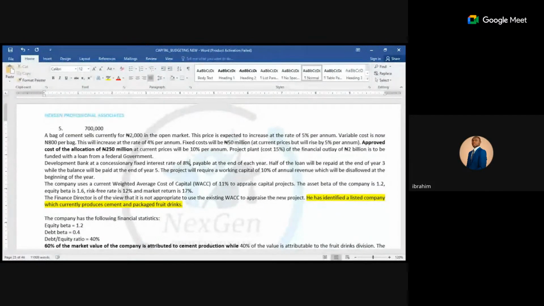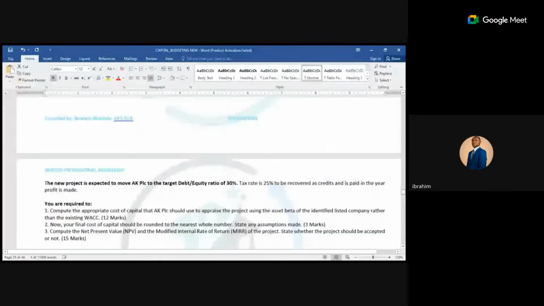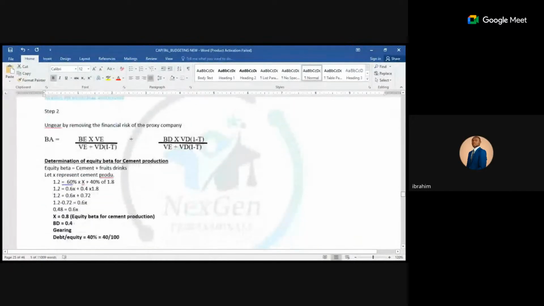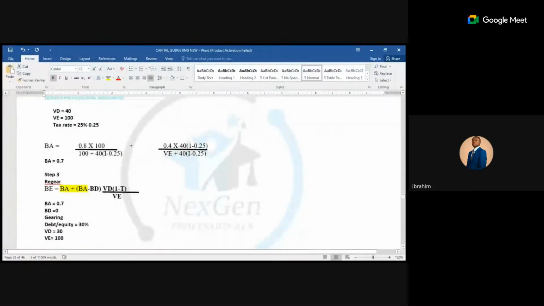So this is the 8%. Is it post-tax or pre-tax? Pre-tax. It is assumed to be pre-tax because it wasn't stated that it is after tax.